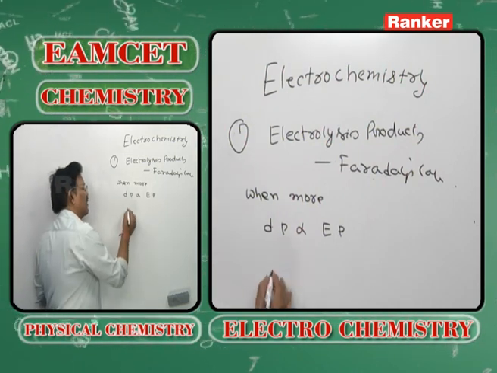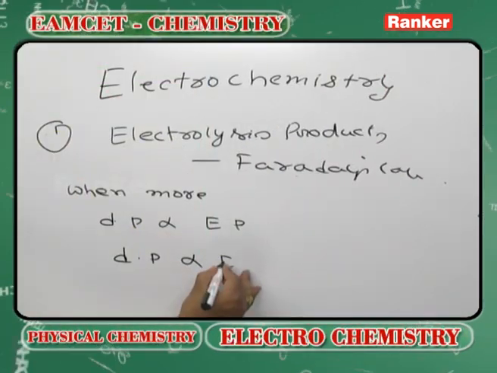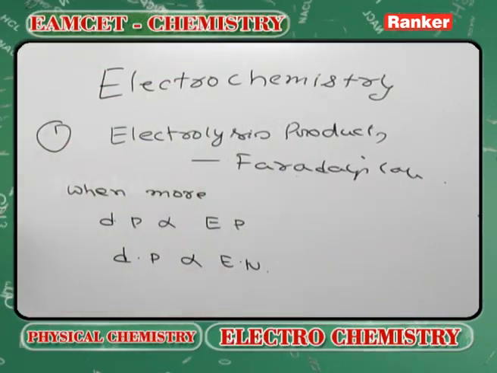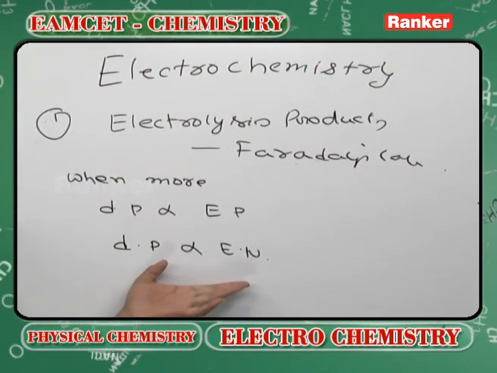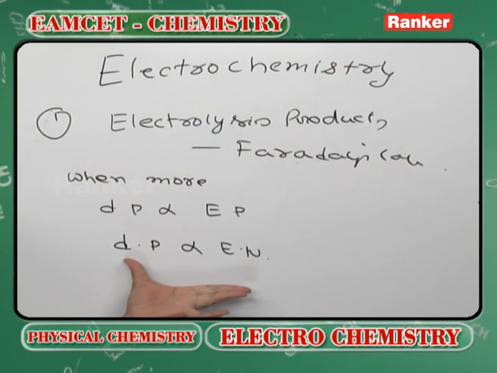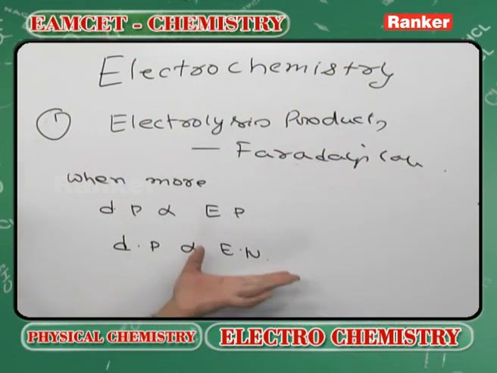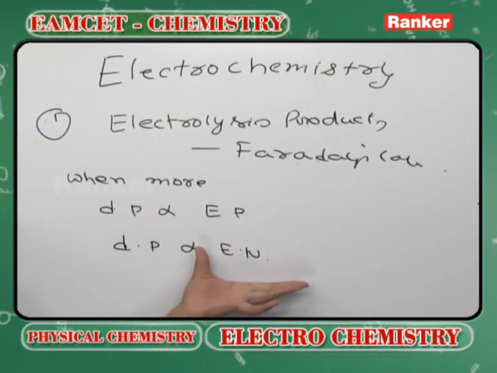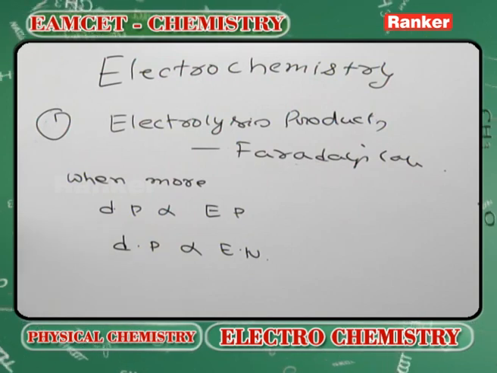In case of anions, discharge potential is related to the electronegative character. The higher the electronegative character, the higher the discharge potential and the more difficult for such ions to get discharged. This is the basic point we have to remember.